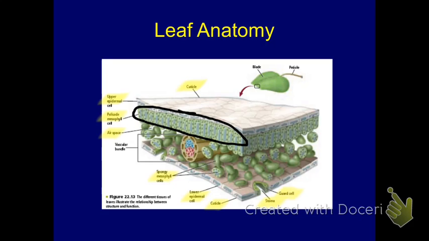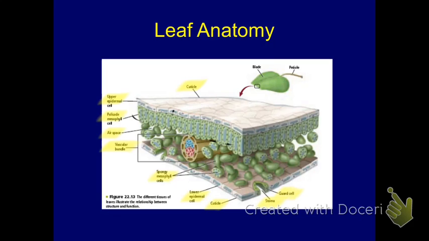Now, the other thing we need for photosynthesis is water. And the water comes up through the roots and the vascular bundle here, which is what we would see on a leaf and call a vein. The vascular bundle is how water gets in. So what you see here, the blue right there, is where the water comes up from the roots.